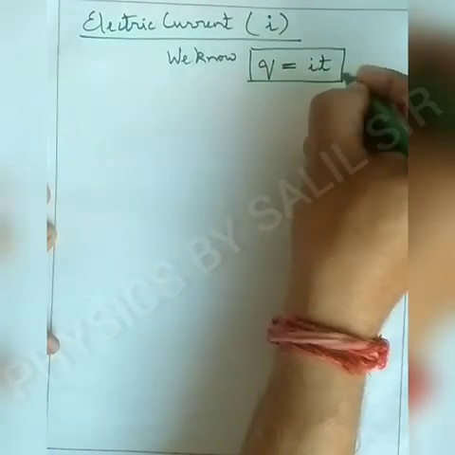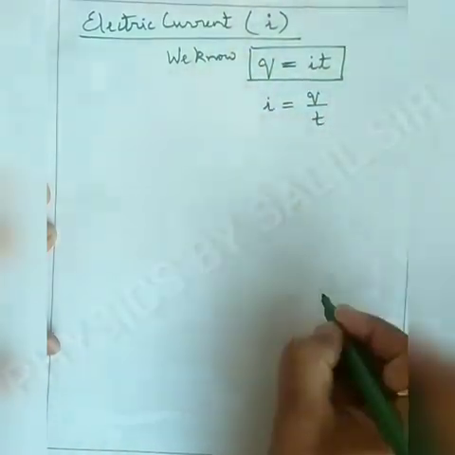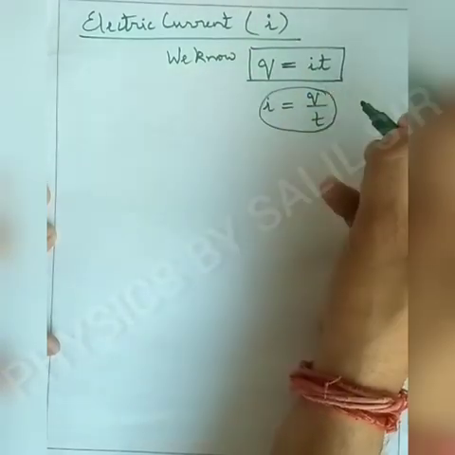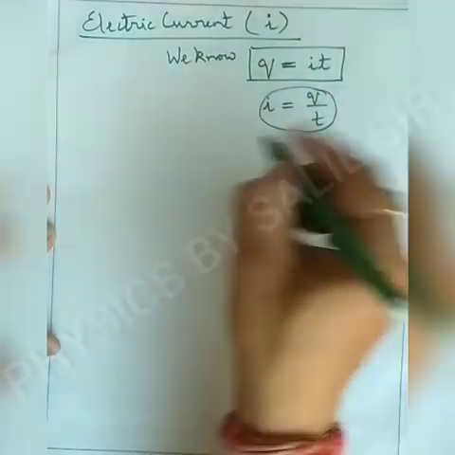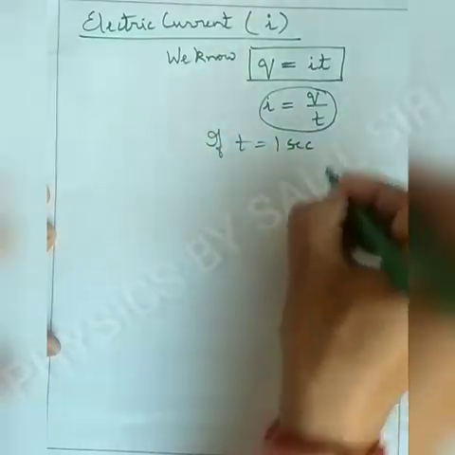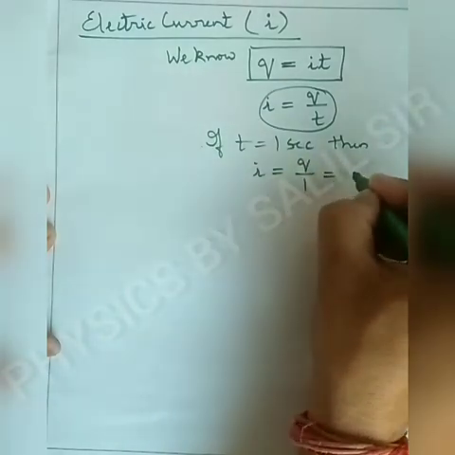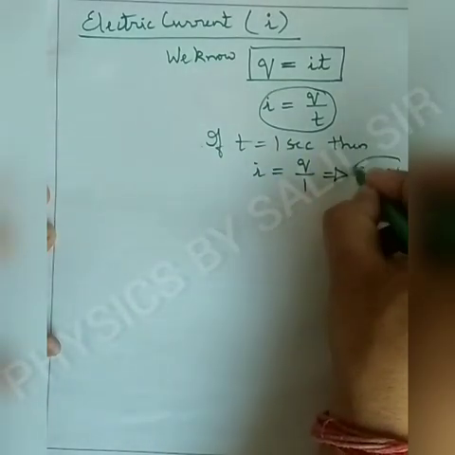Q is charge, I is current, and T is time. So it means I is equal to Q upon T. Based on this, we can define the current. In this formula, if t is equal to 1 second, then I will be equal to Q upon 1. It means I is equal to Q.